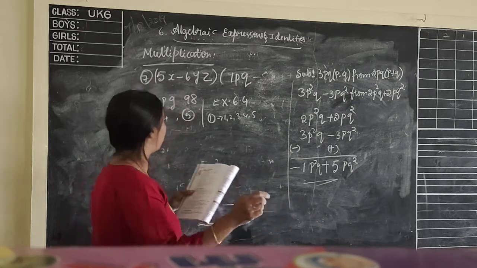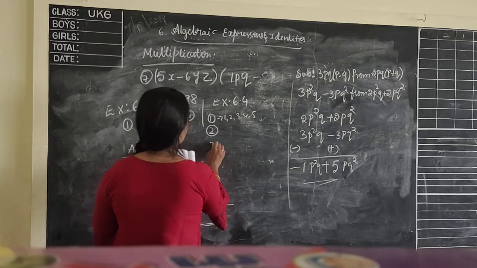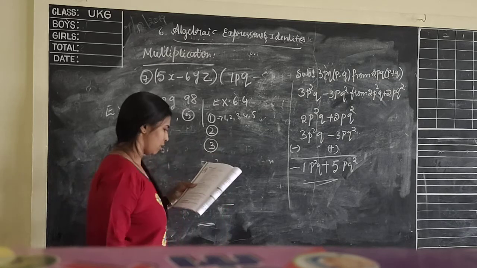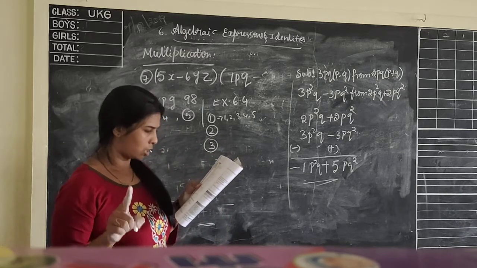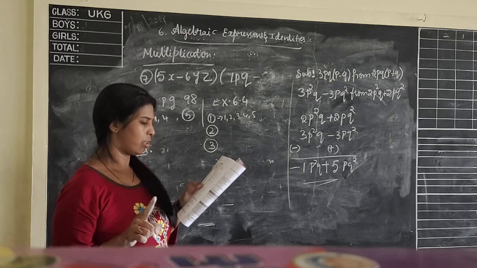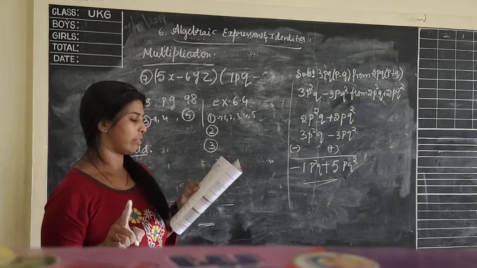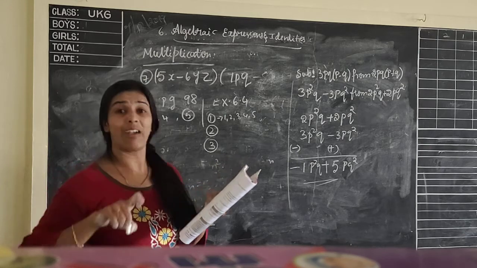And Roman number 2, full. Roman number 3: 1, 2, 3, 4, 5, 6 and 7th one only.